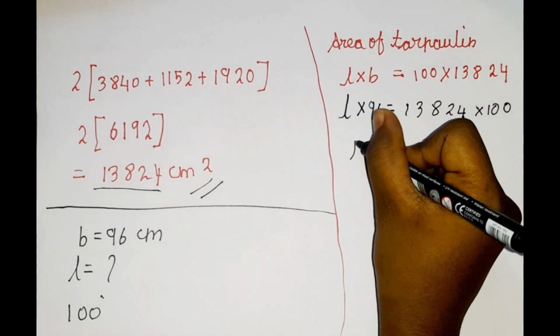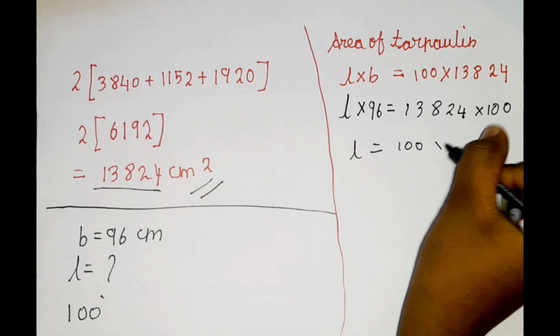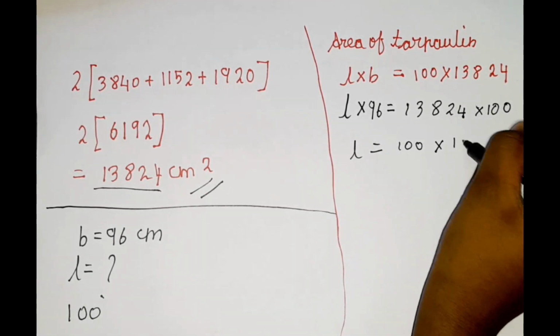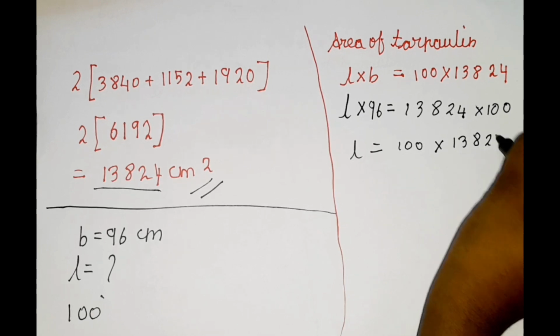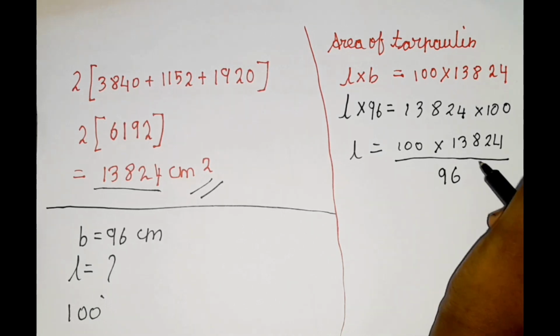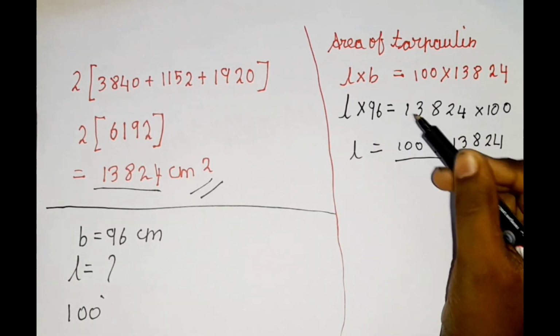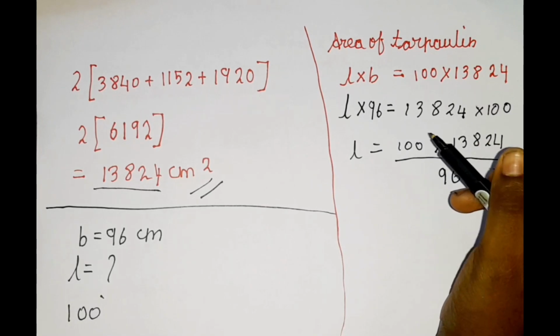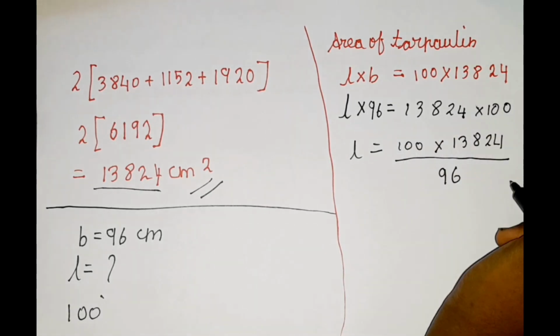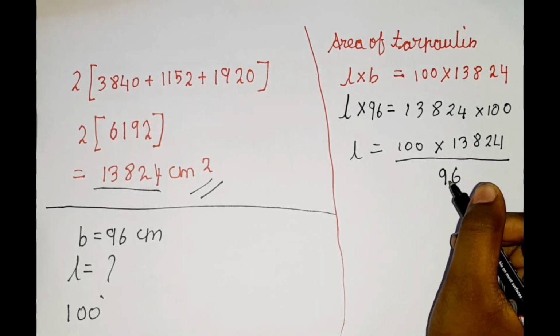So now length is equal to 100 into 13,824 divided by 96. How divided by 96? Here you guys can see that 96 is in the multiplication form. So when we bring the multiplication to the other side, it becomes division. That's why we got it in division form, okay.